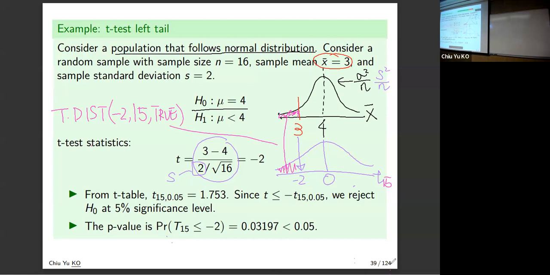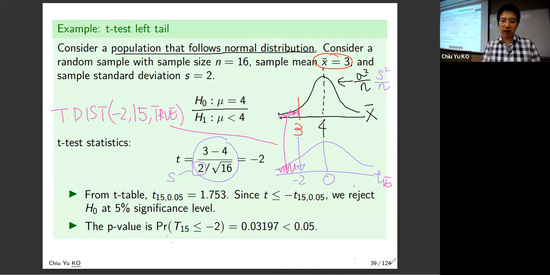Then yes, the question. Oh, because this is always positive. So the way we denote that is this alpha. Let me show.